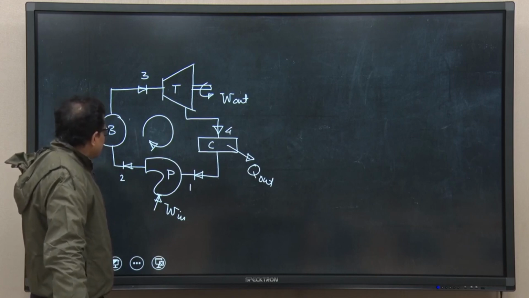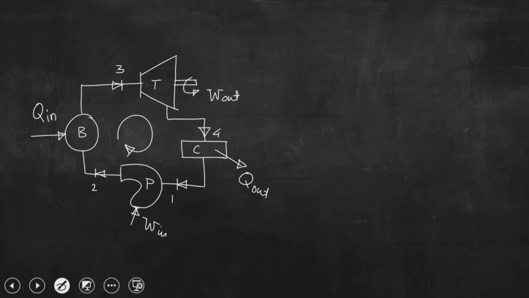Now, what we would like to discuss today: we have discussed about thermal efficiency of the cycle, that is nothing but W out by Q in. Question is, this is the thermal efficiency, and by knowing only this thermal efficiency, it is very difficult to predict what would be the overall efficiency of the plant.